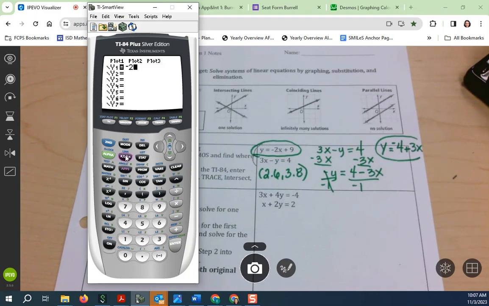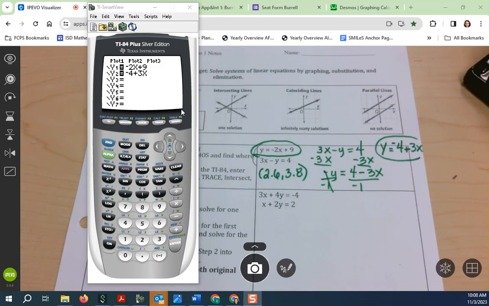The X button is next to the green button. Plus 9. And then the second equation is negative 4 plus 3x. Raise your hand if you need help finding those buttons.